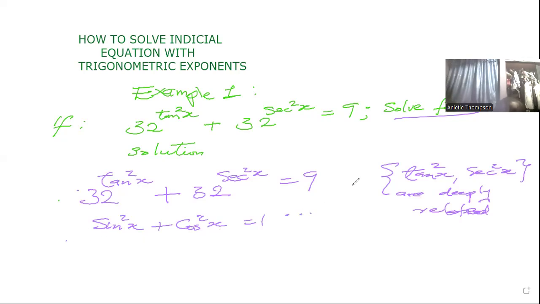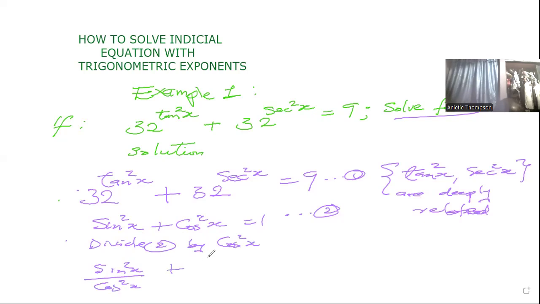Let's call this equation 2. So that means sine square x over cos square x plus cos square x over cos square x equals 1 over cos square x.